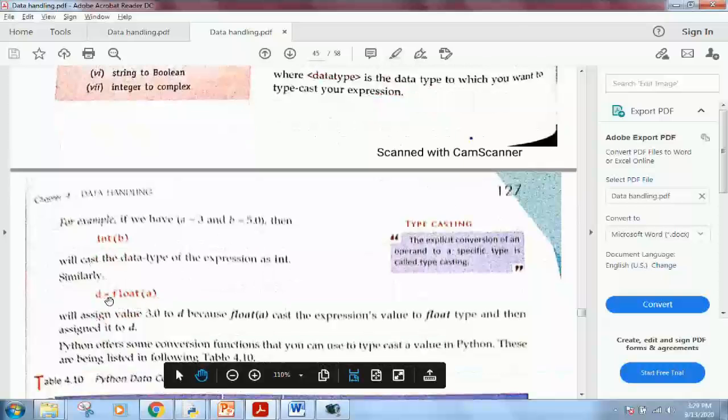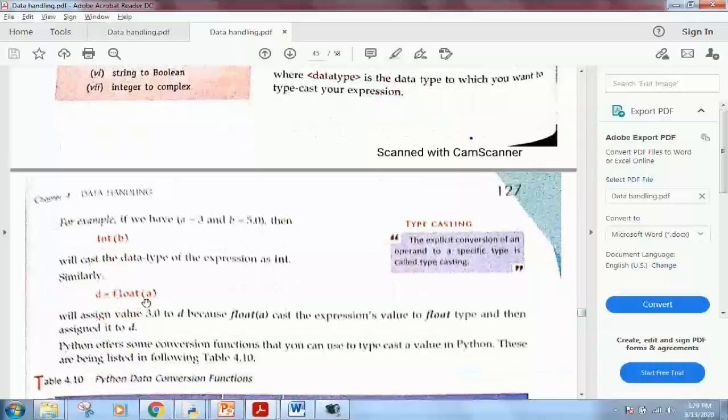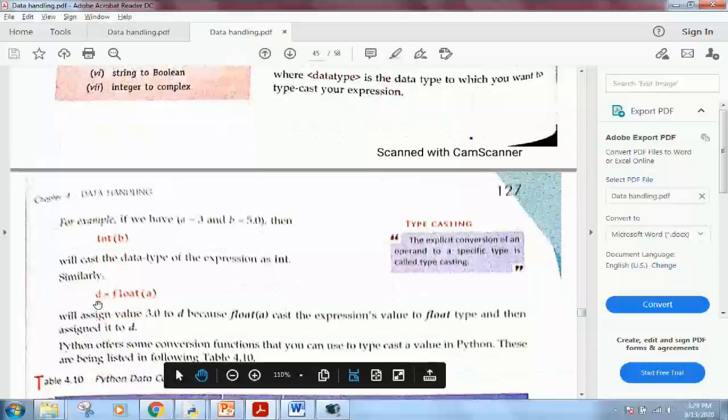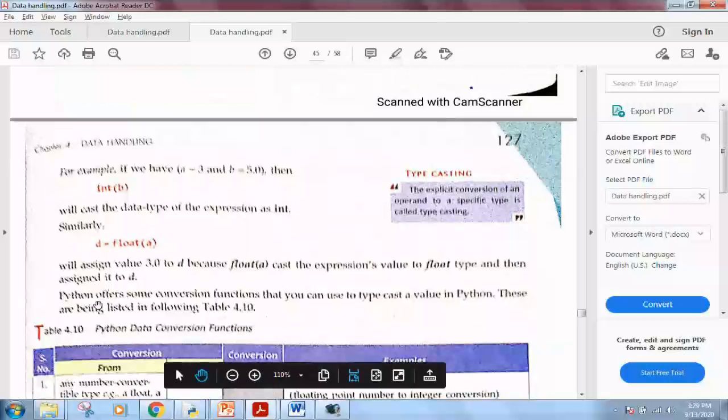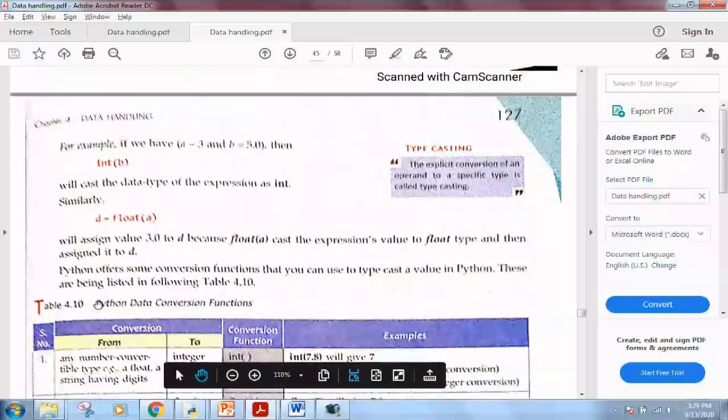Similarly, d is equal to float(a) converts a into float and stores it in d. Let me show you this in the Python IDLE also.